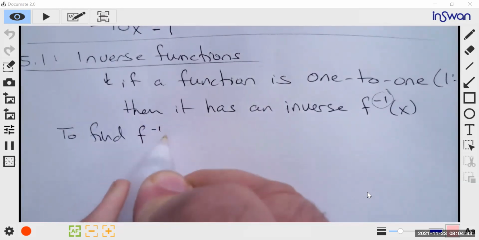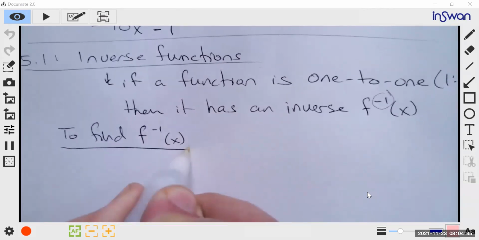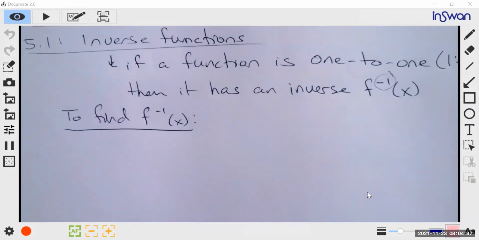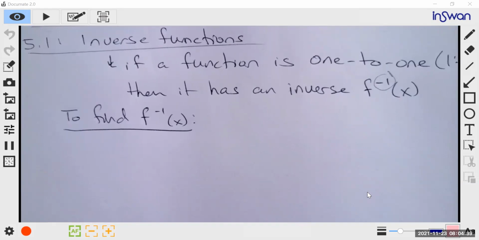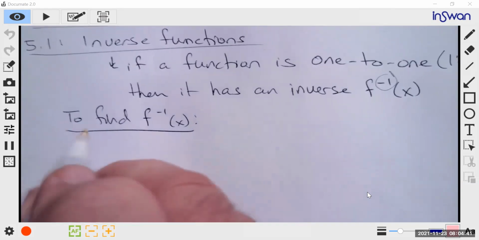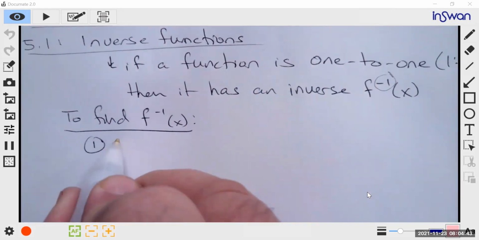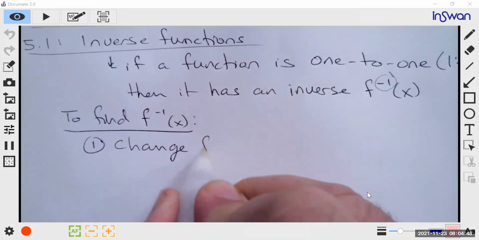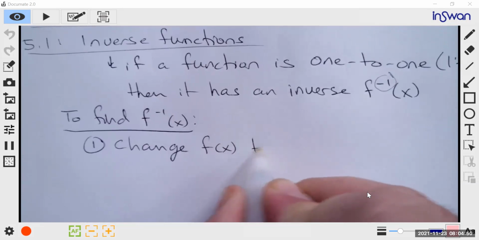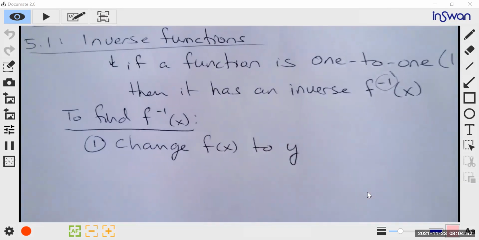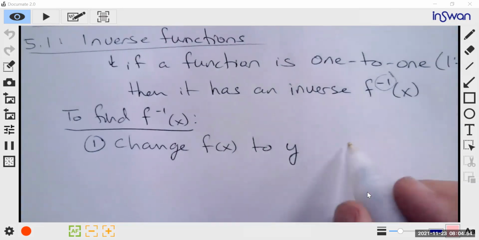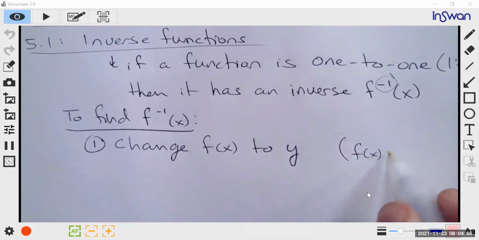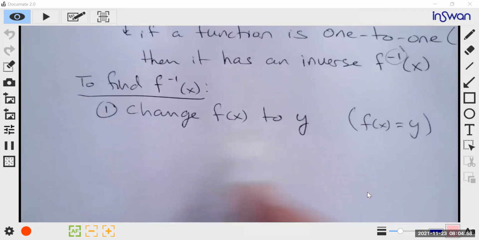To find an inverse, it really only has 4 basic steps. First step, change f of x to y. Remember, f of x is equal to y, so we're just changing the way it looks.